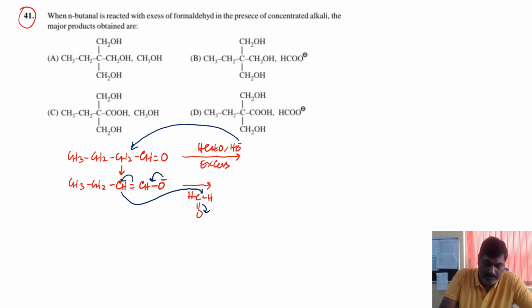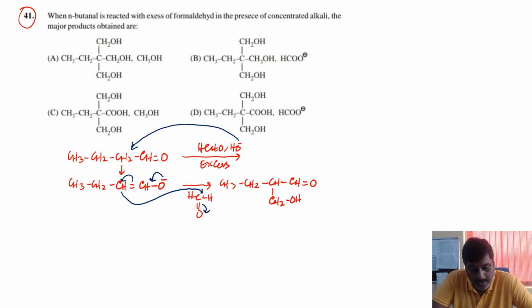And as a result of this, what we are getting, the CH3 CH2, and there the CH, and this one is now CH2OH, that's right, and there that CH double bond O, right. HO minus is reproduced, that is acting as a catalyst, right, and so that HO minus will attack again on this place, right.